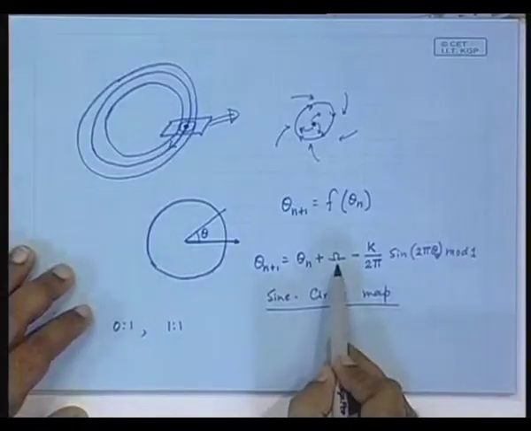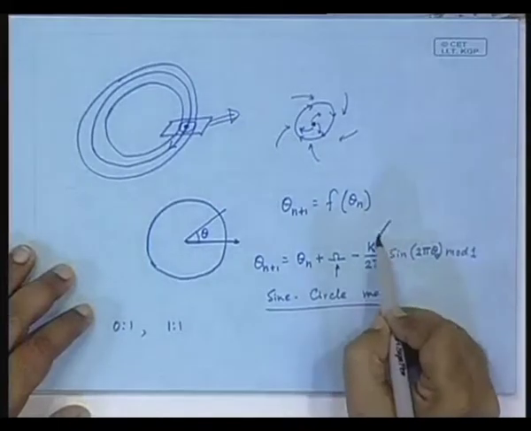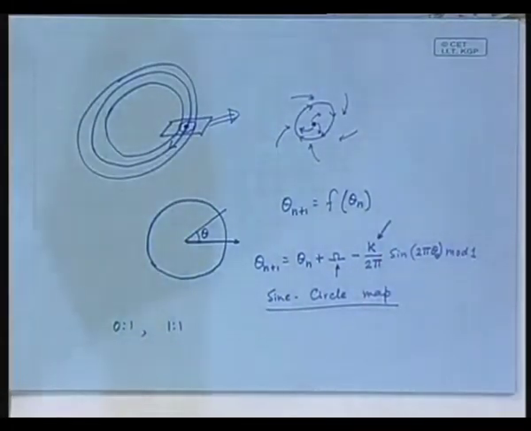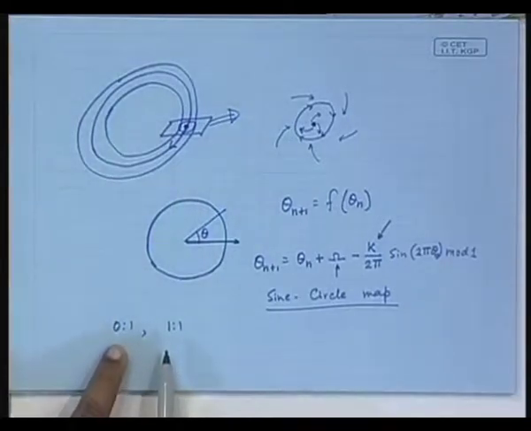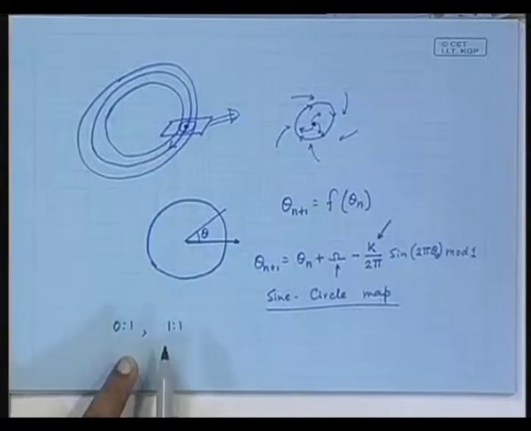But that way we convinced ourselves that there would be two parameter ranges. Here there are two parameters, omega and k. There would be two parameter ranges in which you would have a 0 to 1 mode locking and 1 to 1 mode locking. We had more or less come up to this stage in the last class, right.